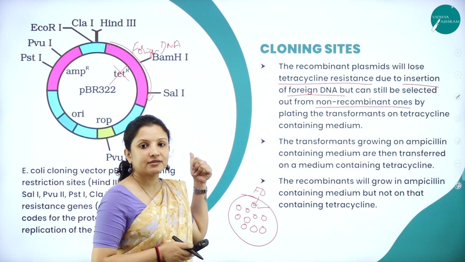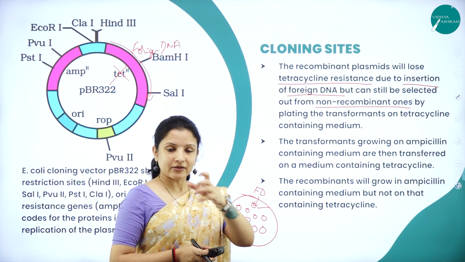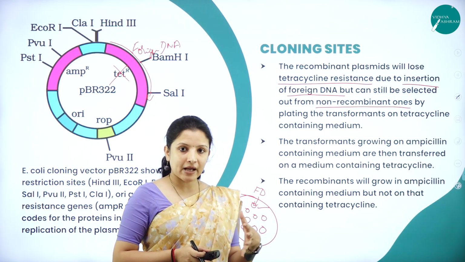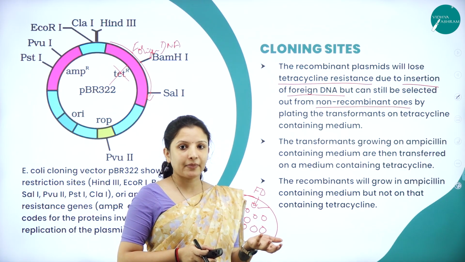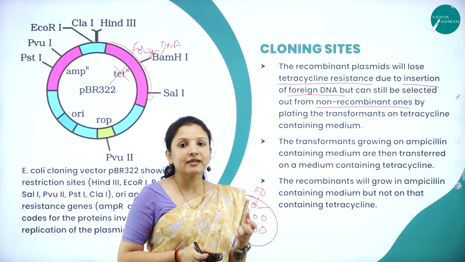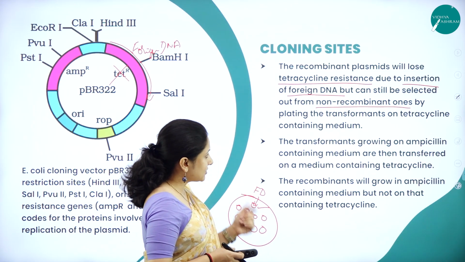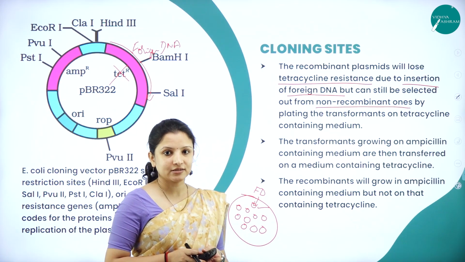The region resistant to tetracycline. Now after the introduction of foreign DNA, that region is no longer resistant to tetracycline. So how can we find out which is the non-transformant?